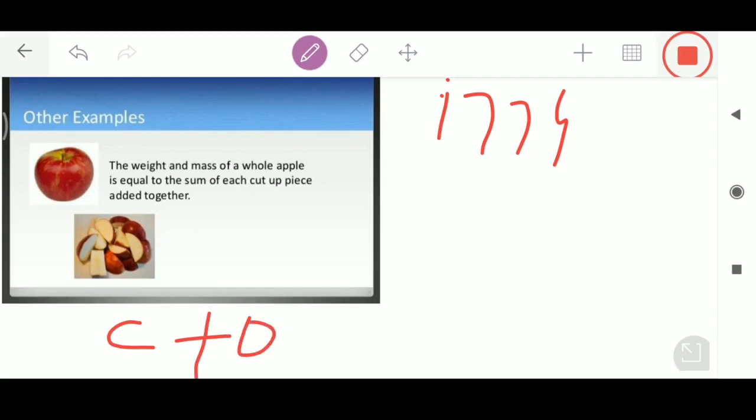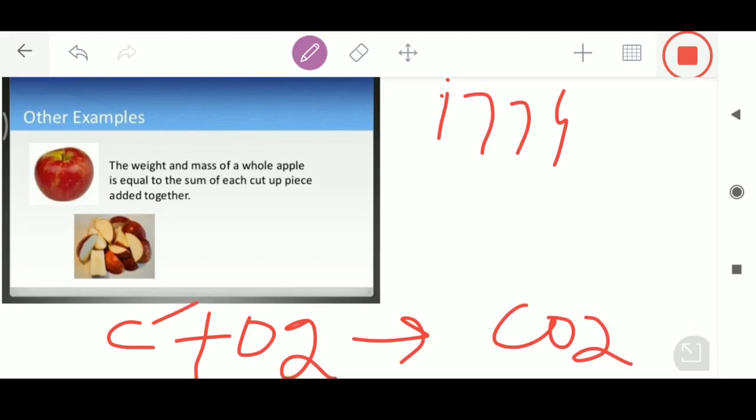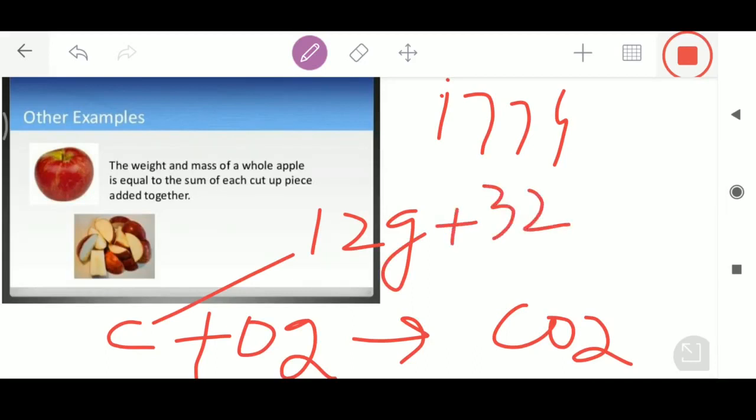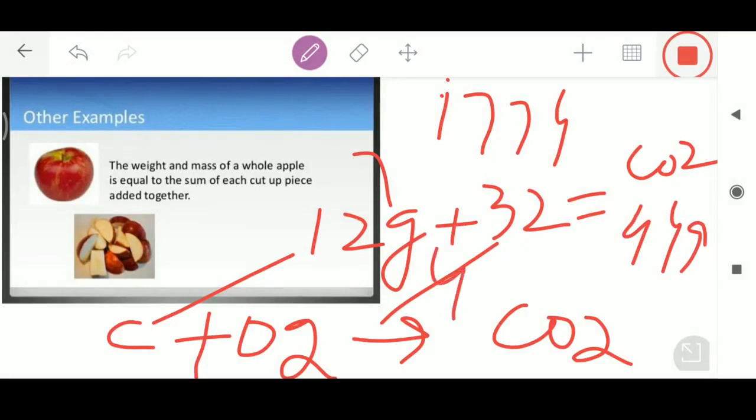The moment carbon reacts with oxygen, it forms carbon dioxide, and it has been experimentally proved that 12 grams of carbon plus 32 grams of oxygen react to form carbon dioxide with a mass of 44 grams. That is, 44 grams equal to 44 grams.